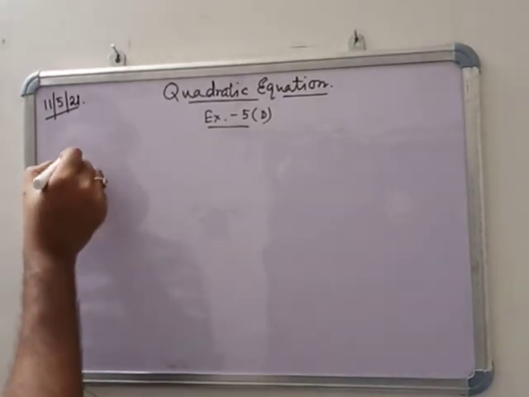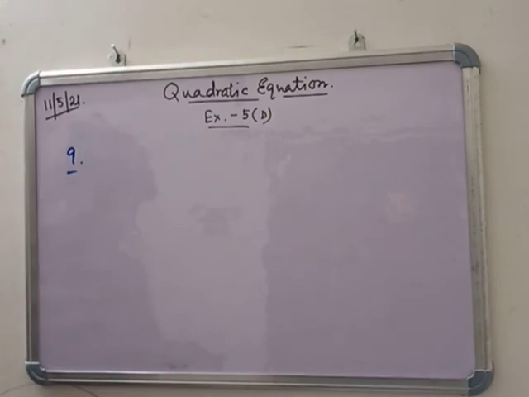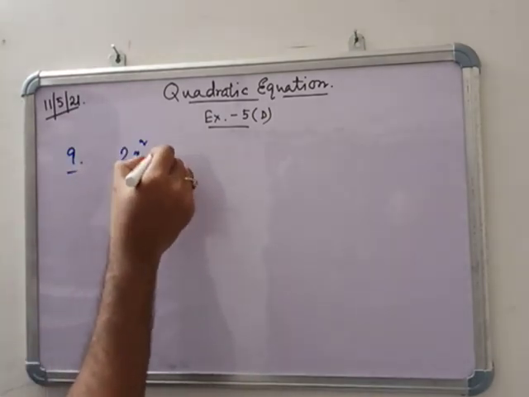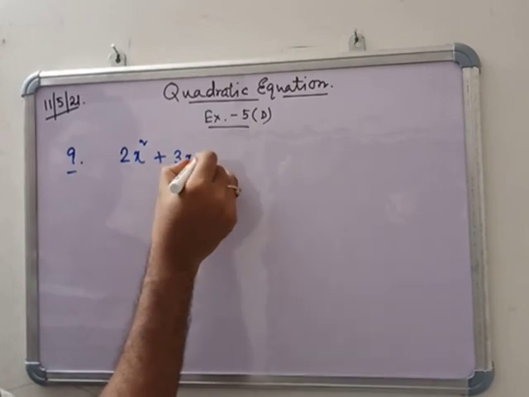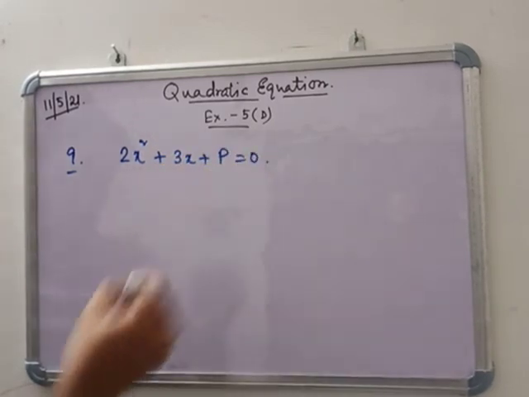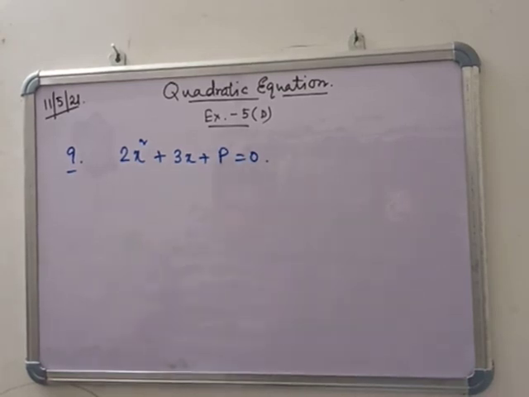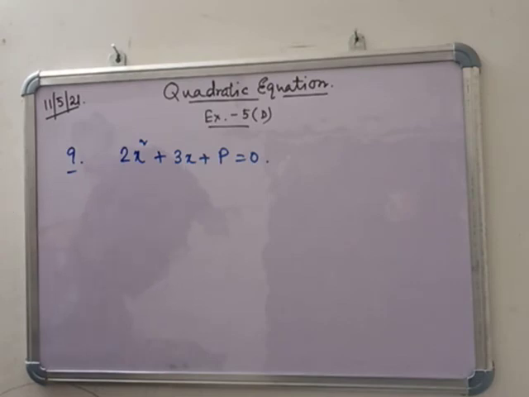Now in number 9, see that 2x square plus 3x plus p equals to 0. So it is given, and in question given that find the values of p, for which quadratic equation this has real roots.